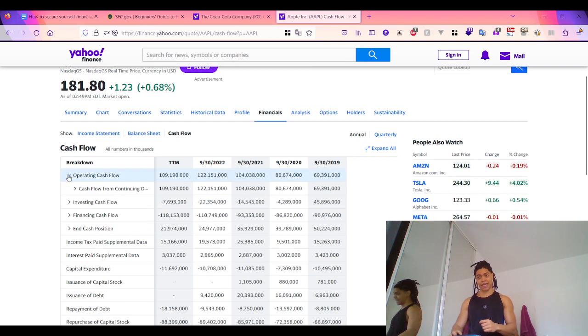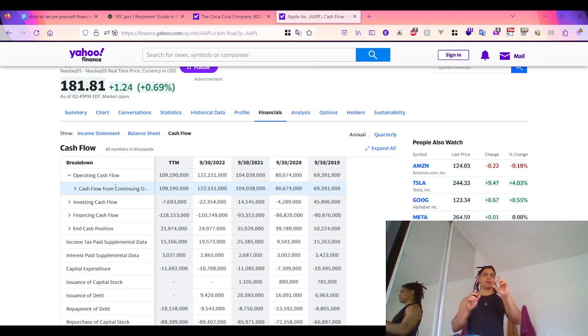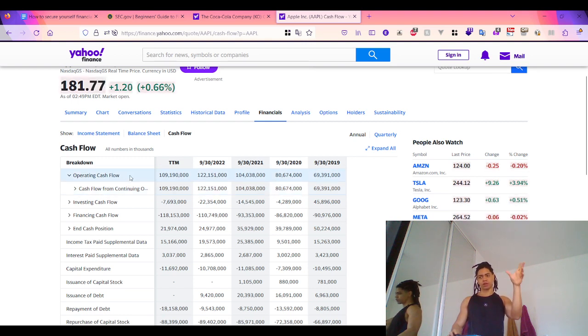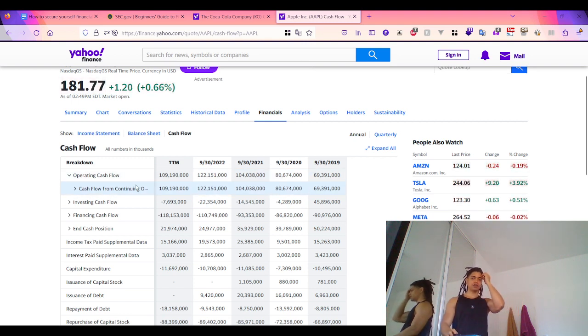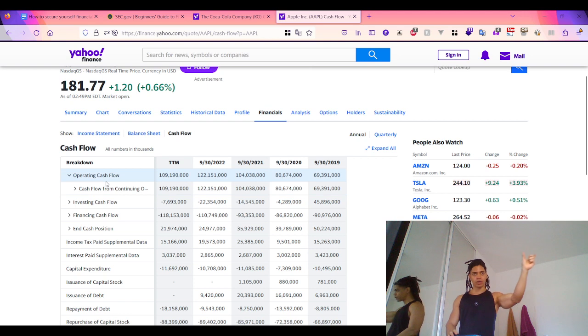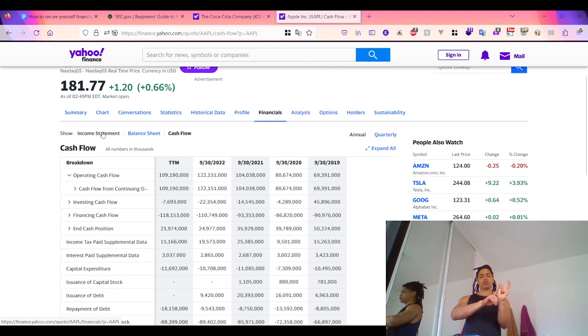The way to reconcile that is by looking at the net income from the income statement, and adjusting for any non-cash items.